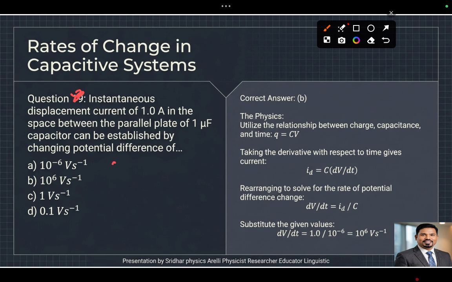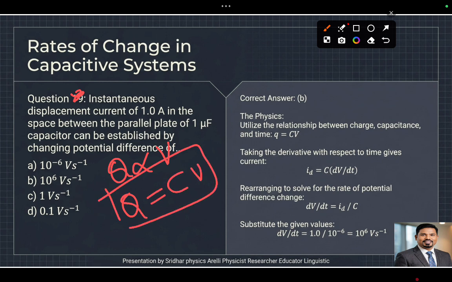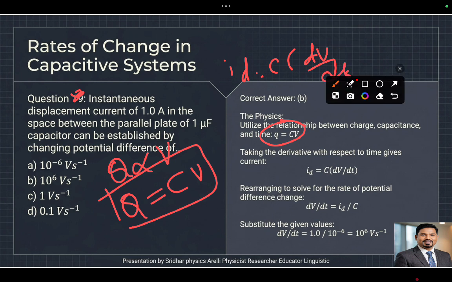As we know, charge is proportional to applied voltage, so Q equal to CV. So the displacement current, ID equal to C into dV by dt.